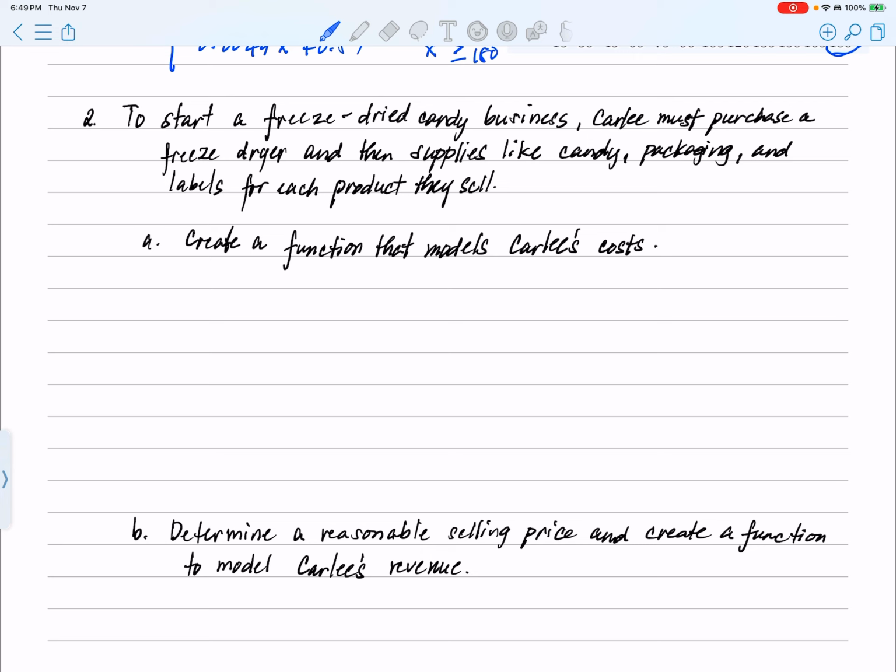So Carly only needs to buy the freeze dryer once, then she will need to spend 83 cents plus 0.42, that goes to $1.25 for each bag, per bag of freeze-dried candy she wants to make.